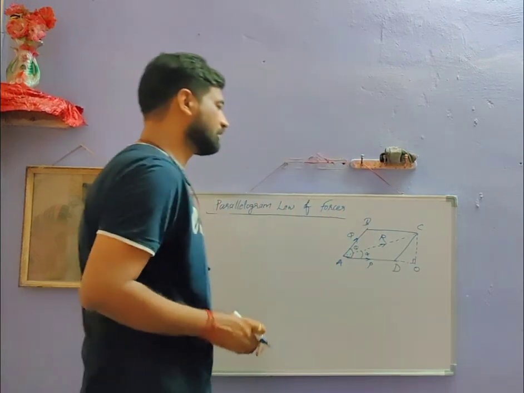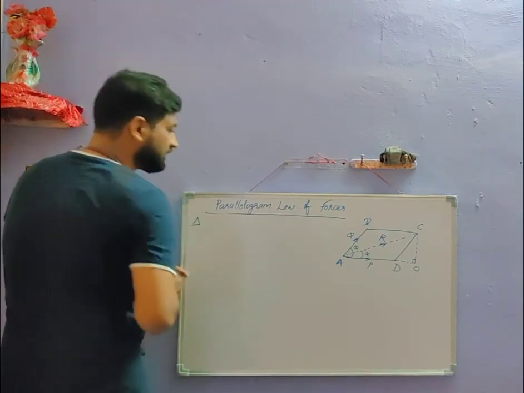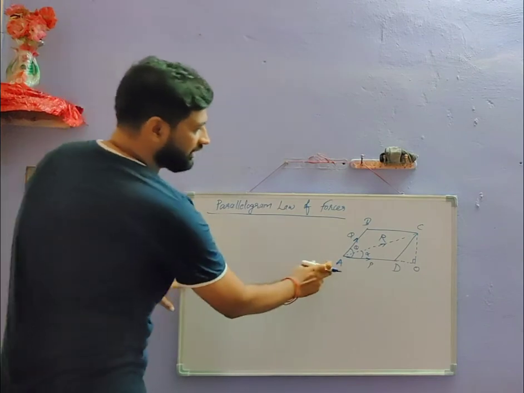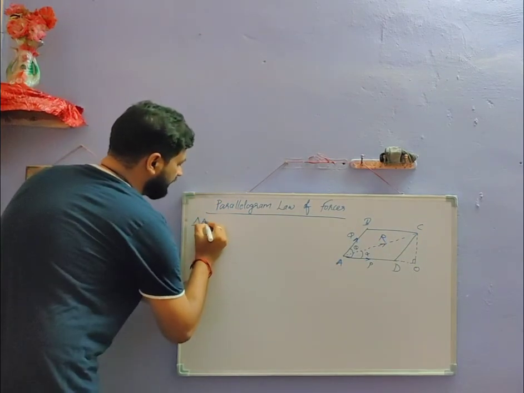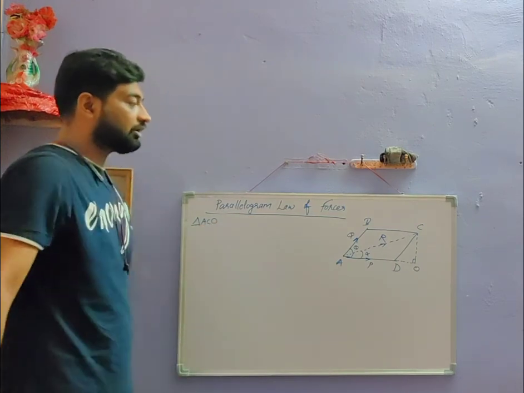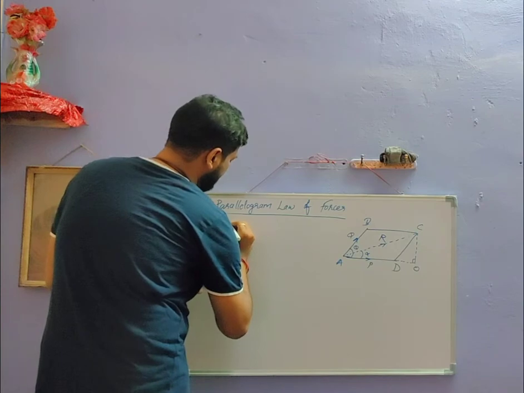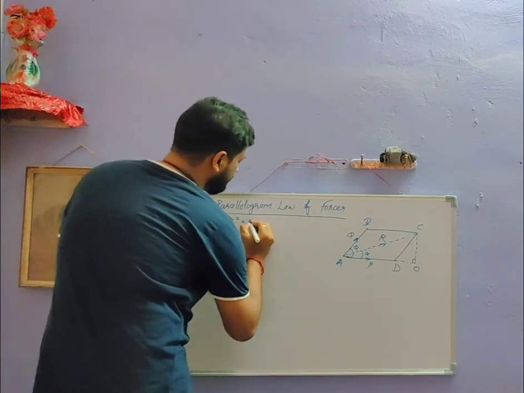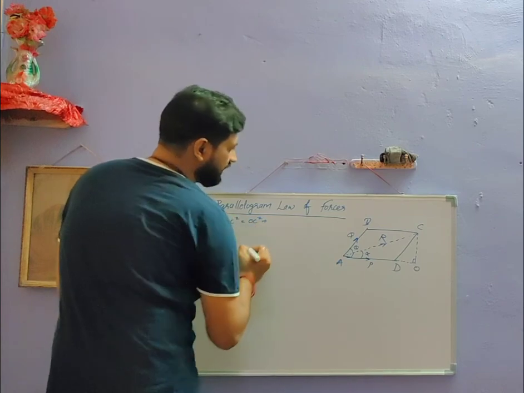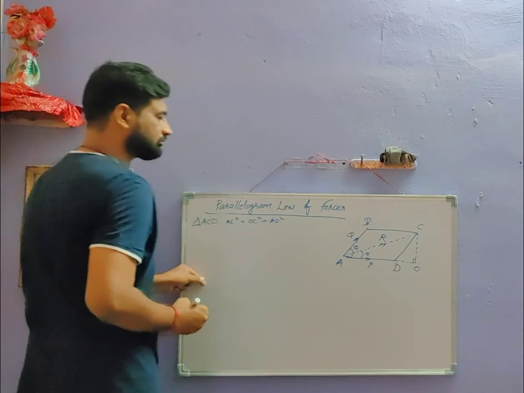Consider triangle ACO. According to Pythagoras, we can write AC square is equal to OC square plus AO square.